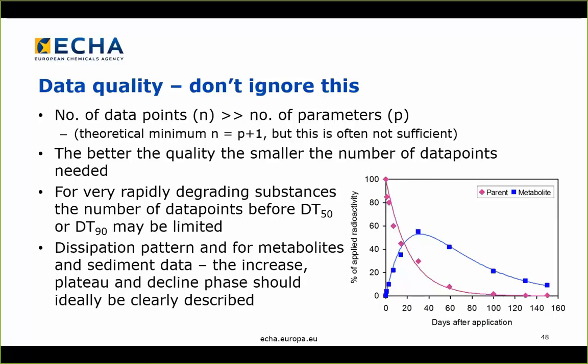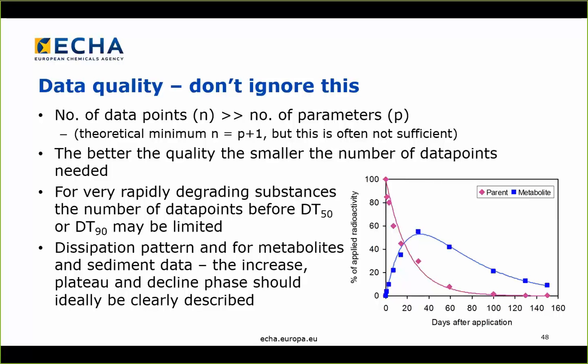But we've already mentioned rapidly degrading substances, and again, these are treated a little bit differently. It simply might not be feasible to collect enough samples before your DT50 is reached. If your DT50 is less than 1 day, we often see people taking sampling at time 0, 0.25 days, 0.5 days, and 1 day, and sometimes they still can't capture the DT50 because it's so rapid.